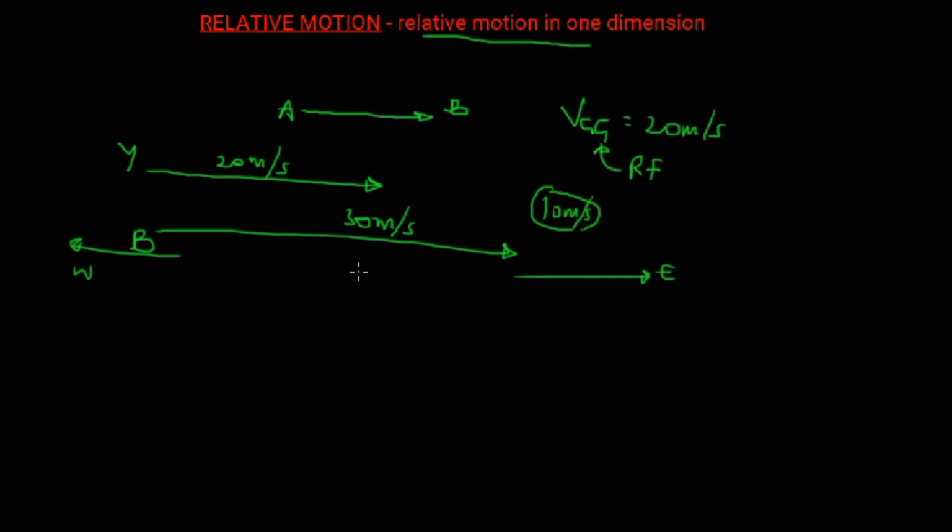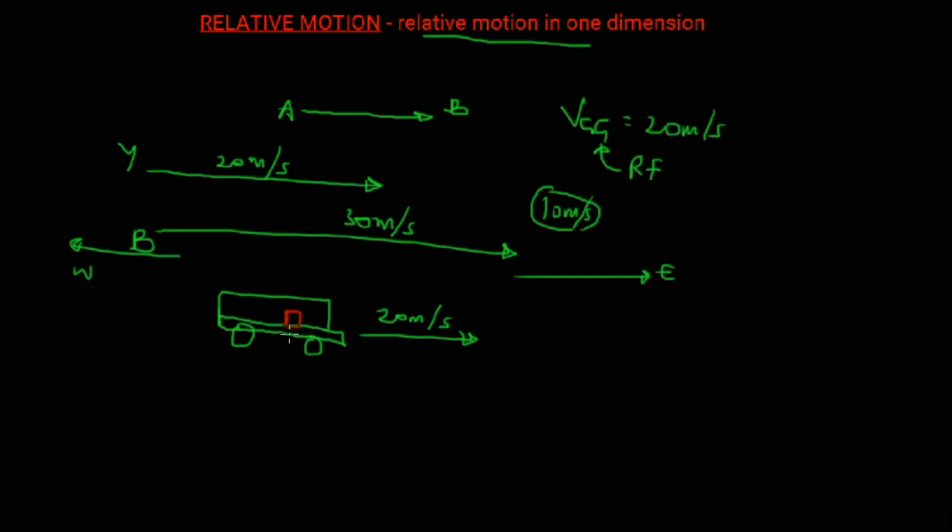Now, in this scenario, let's suppose that you are moving in a train. Let's suppose that there is a train. If the train moves at 20 meters per second, and then there is a passenger sitting inside the train when the train moves 20 meters per second.